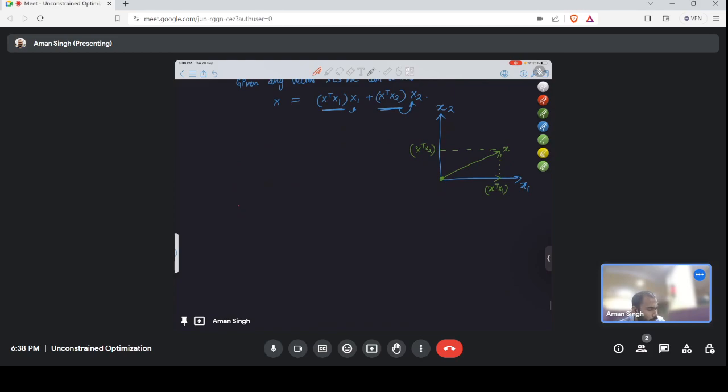So how to produce an orthonormal basis starting with a given basis.